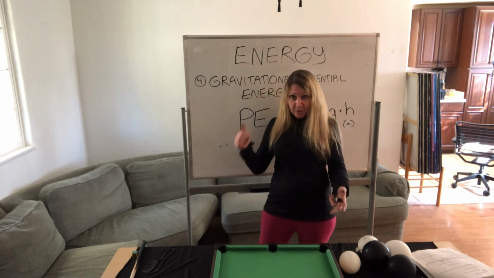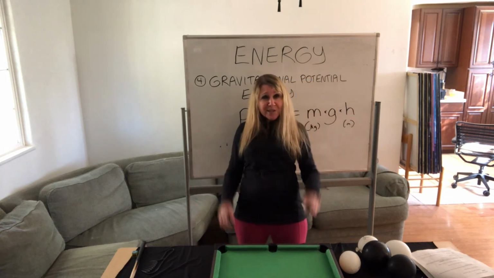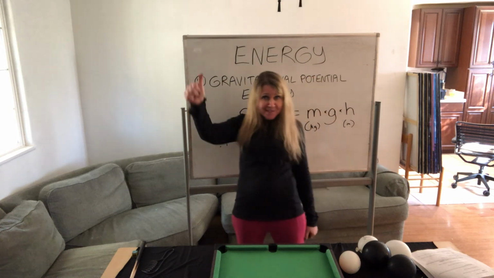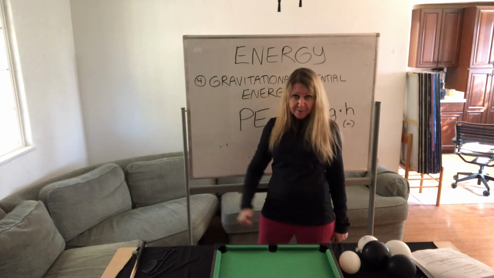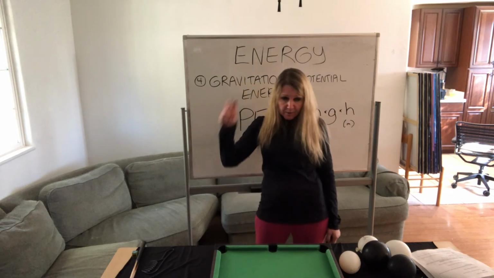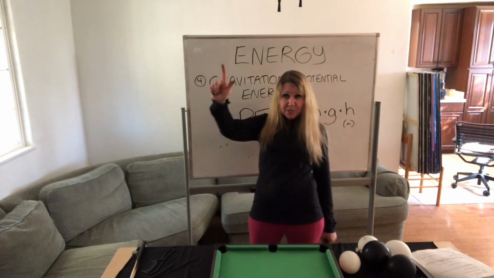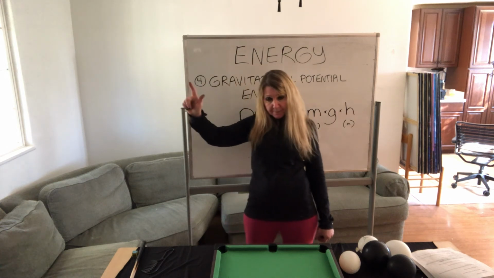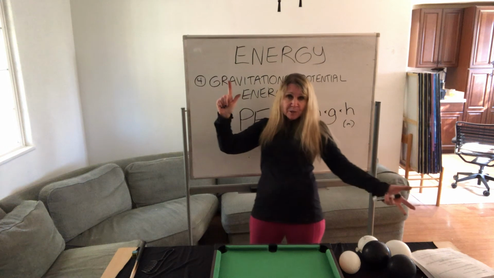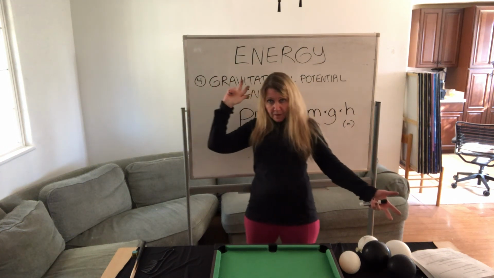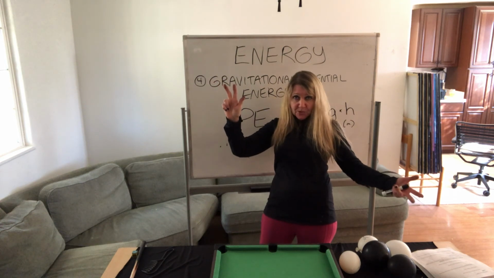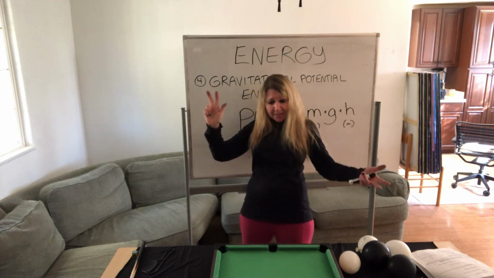So again, as a review: potential energy is stored energy, energy waiting to happen. One type is chemical potential energy, which is energy stored in chemical bonds involved in chemical reactions. The second type is nuclear potential energy, which is energy stored in the nucleus of atoms, involved in nuclear fission and nuclear fusion. The third type is elastic potential energy, or stored mechanical energy.